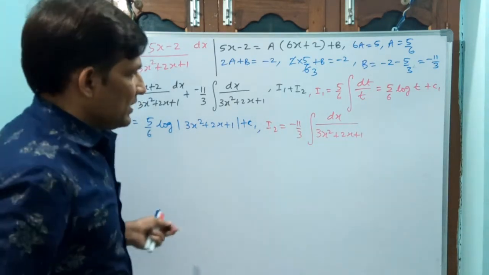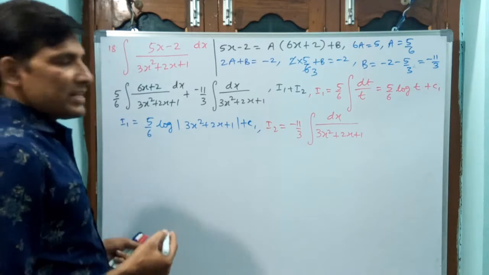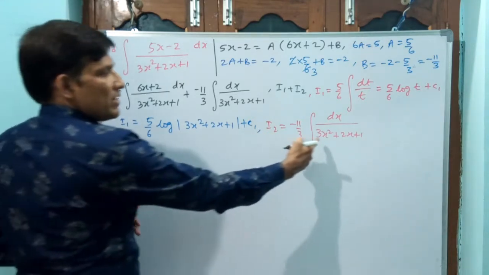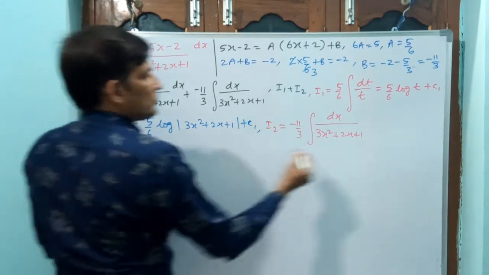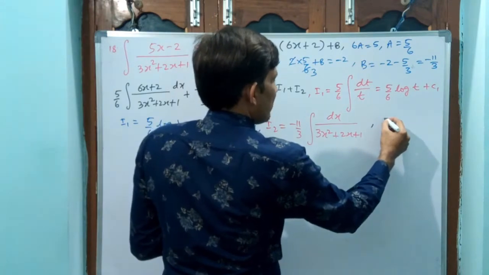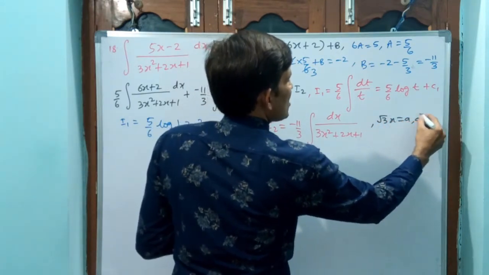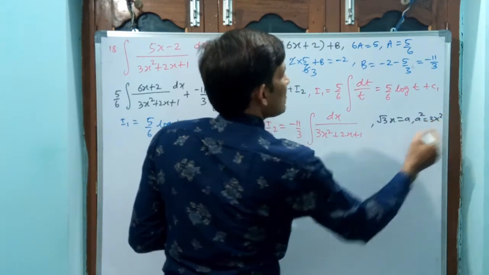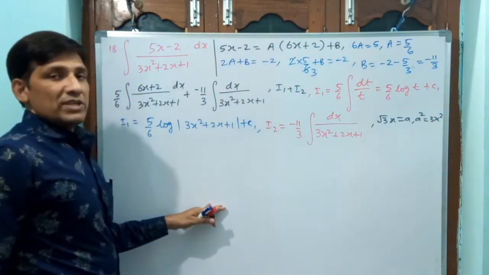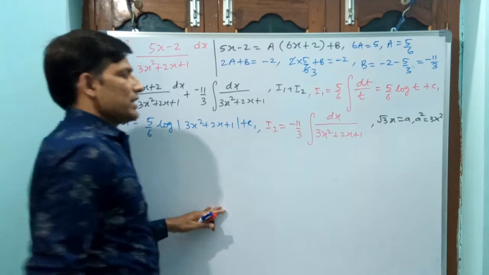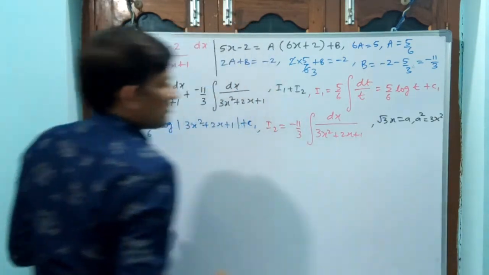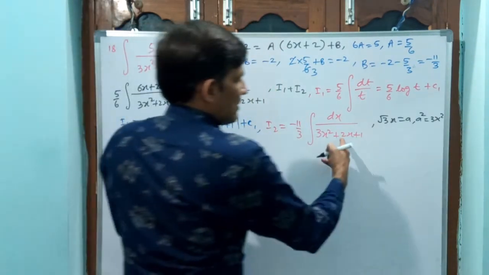By seeing this itself you can say, if root 3 x is a, then a square will be 3x square. Root 3 x whole square. Then what about b? Write down, b will be 2x.